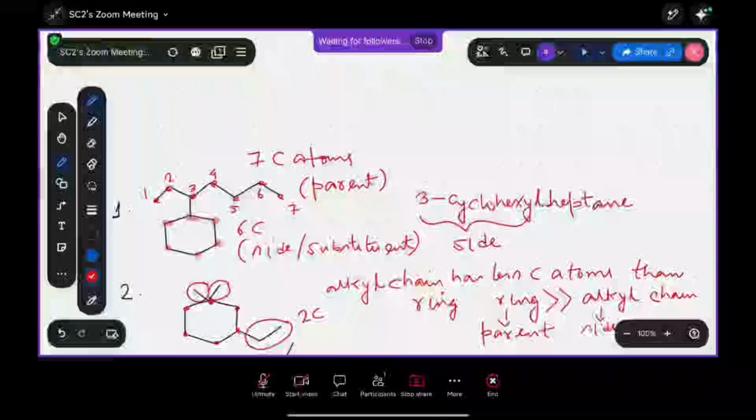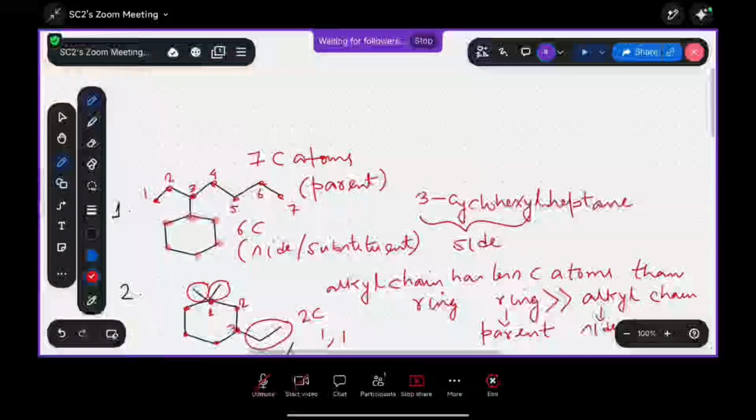So how to write the name first? How will you start the numbering? Numbering has to be done in such a way that the total locant is less. If you start numbering from the methyl one, it is 1, 2, 3. So what do we get? 1, 1. At the 1 position, we are having 2 methyl groups.